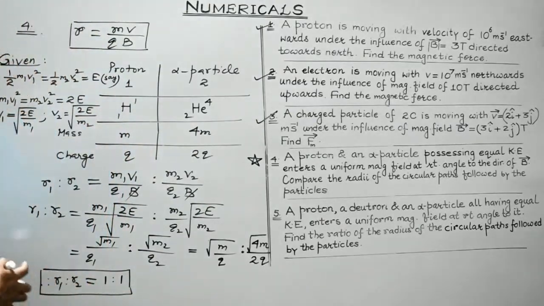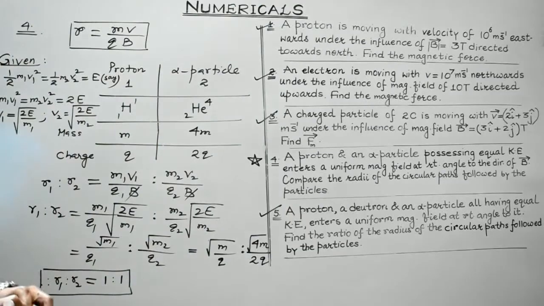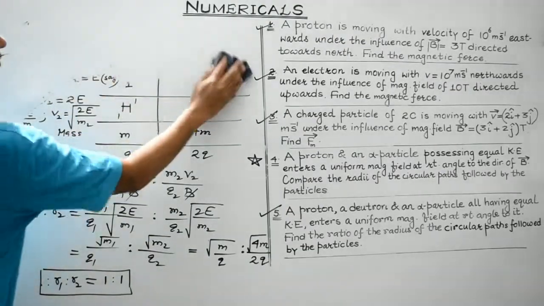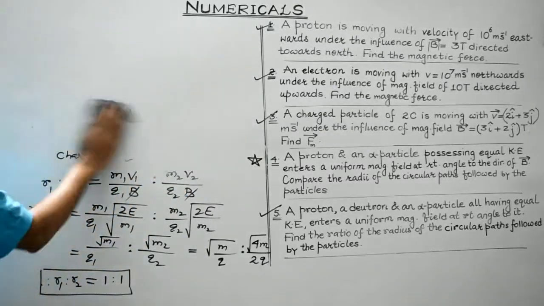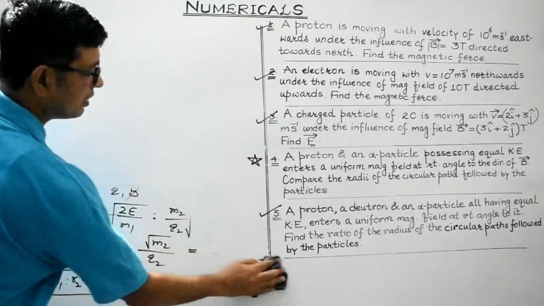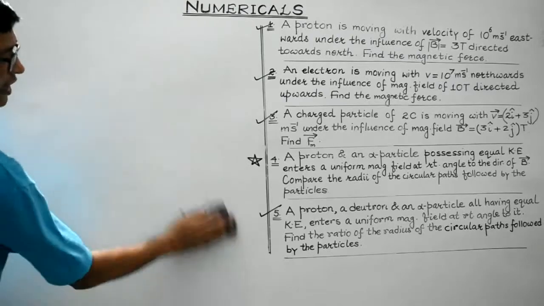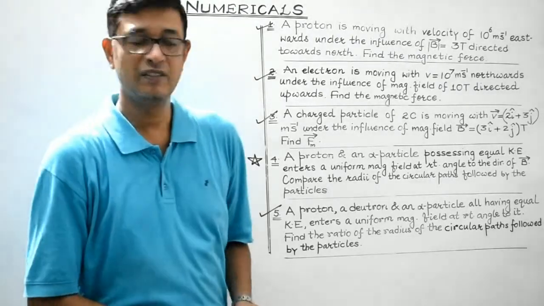So we will proceed to question number 5 in this similar fashion. Let me again read it for you. A proton, a deuteron and an alpha particle, all possessing equal kinetic energy, enter a uniform magnetic field at right angle to it.